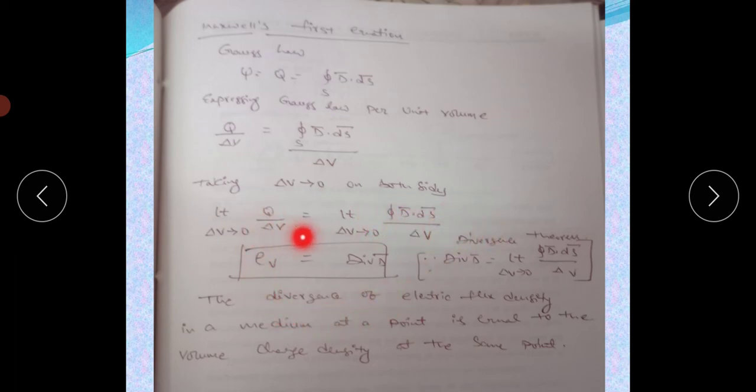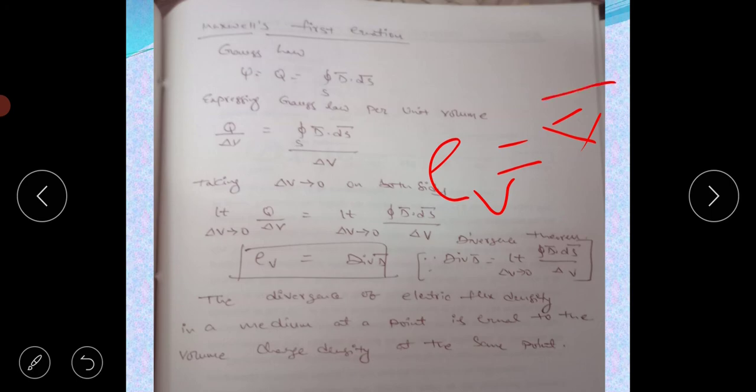Charge by volume equals volume charge density, so this can be written as rho v, and according to the divergence theorem the right side can be written as divergence of D bar. So rho v equals divergence of D bar, or rho v equals del bar dot D bar.